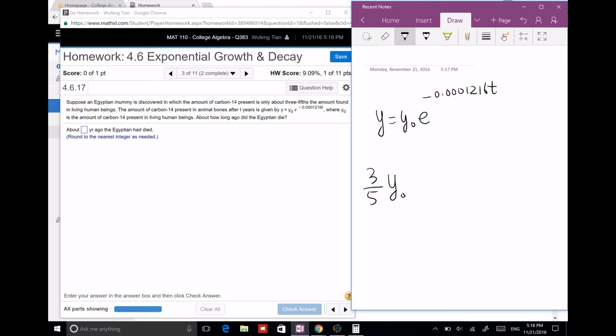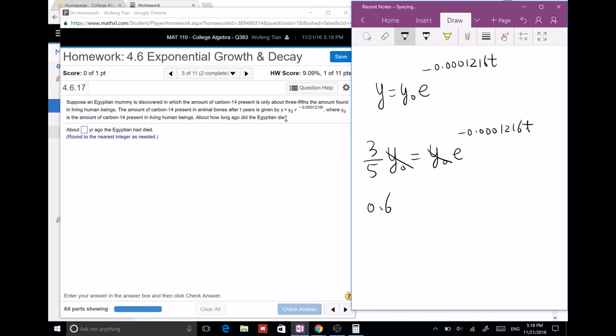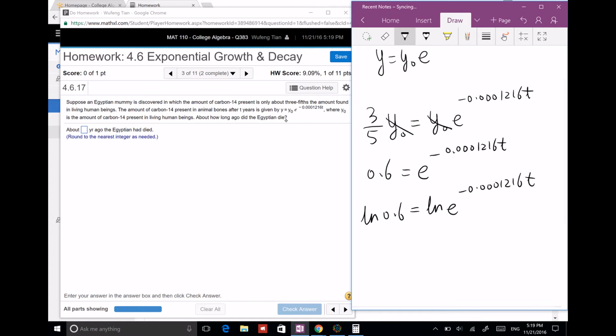So this is just 3/5 of that. It equals y0 e to the negative 0.0001216t, and y0 can cancel out, and this is 0.6 equals e to the negative 0.0001216t. So what you need to do is take ln on both sides. ln e cancels out, so you don't have this anymore.